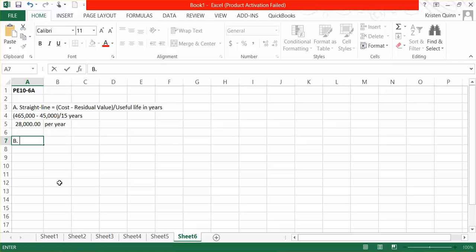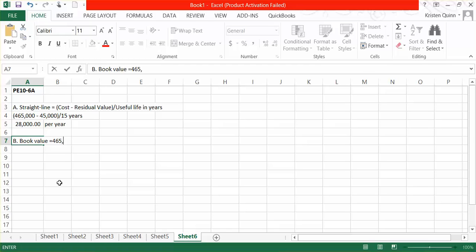And in order to do that, we take our initial cost of $465,000 and we subtract away our accumulated depreciation. Well, we know we've been recognizing $28,000 for the last 8 years, so we'll multiply that by 8 to get to our accumulated depreciation.